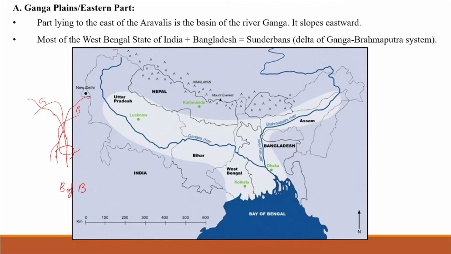This part where the river meets the sea is known as your delta. Now, what happens in the delta is, when the river is flowing, there are a lot of sediments, different small particles of soil, sand, silt. All of this gets deposited, it's left behind here, and the water flows and meets the sea.